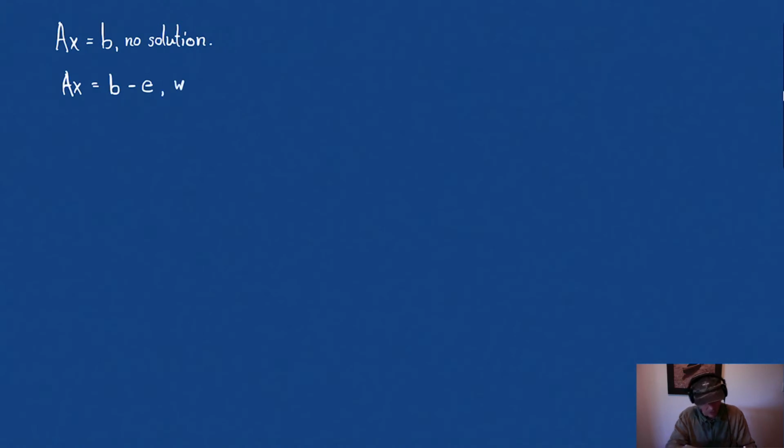So we'll say solvable. And we can deal with solvable. Well, let's just do some simple algebra. I'm going to rearrange this, and I'm going to say that E is equal to AX minus B.